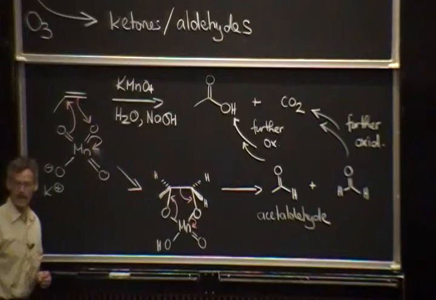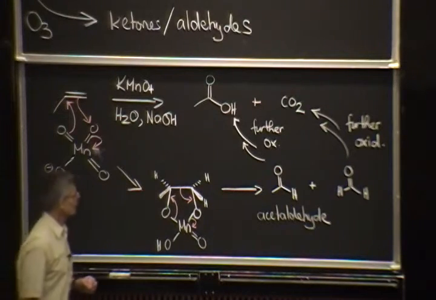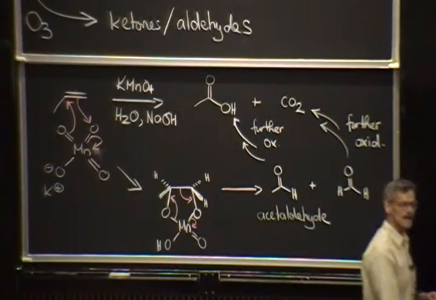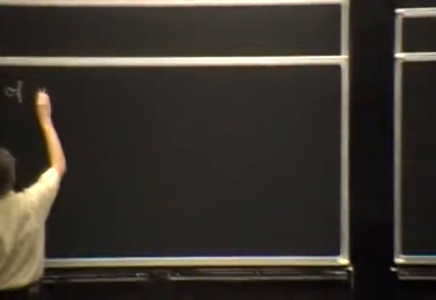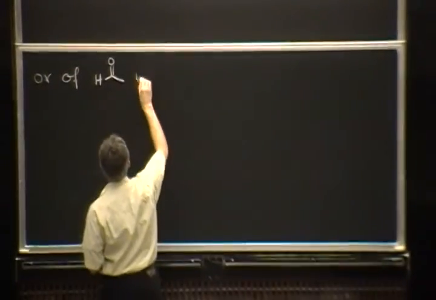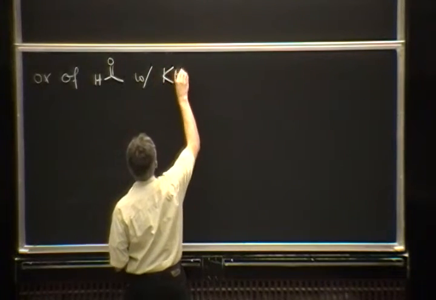With additional potassium permanganate, of course. Now we'll look at the mechanism of the acetaldehyde oxidation with potassium permanganate as an example.